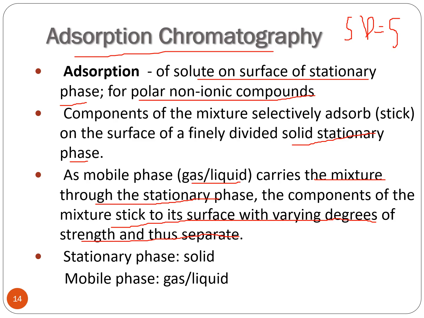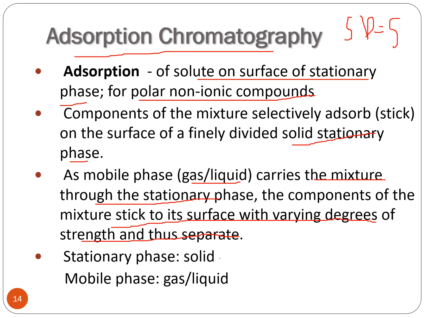Ada yang melekat weakly held, ada yang strongly held, and this will menentukan yang mana akan elute faster ataupun move faster, yang mana akan move slowly and elute a little bit later if compared to the component yang weakly held by the stationary phase.